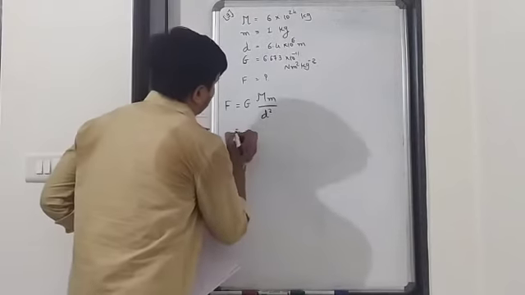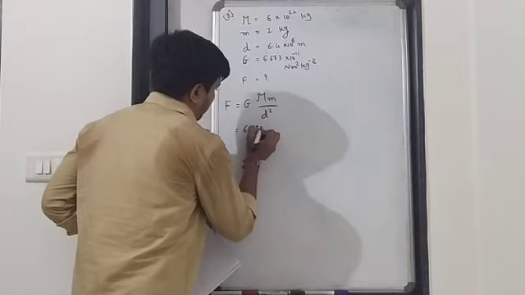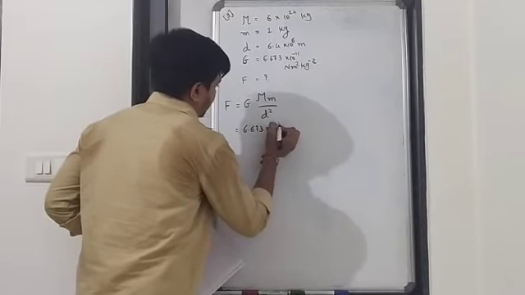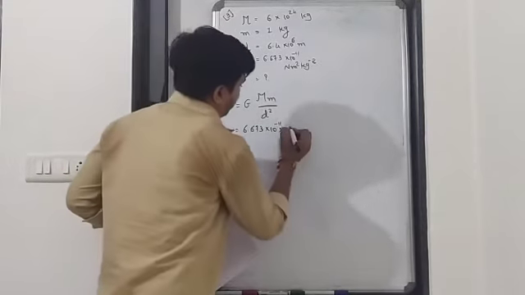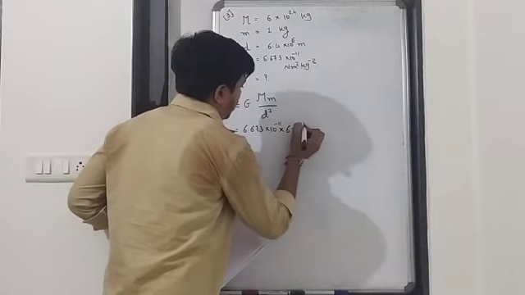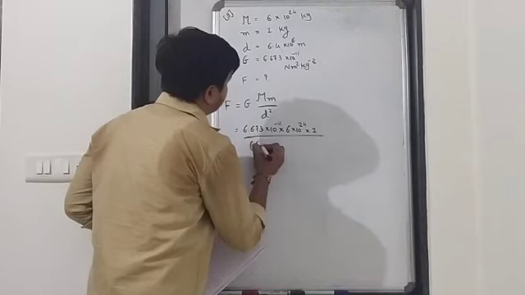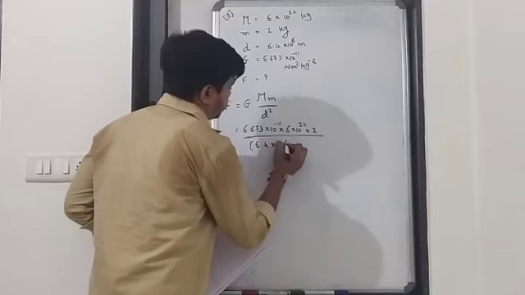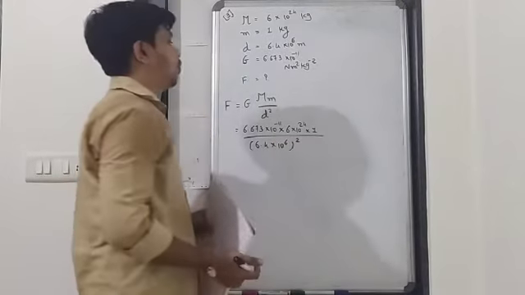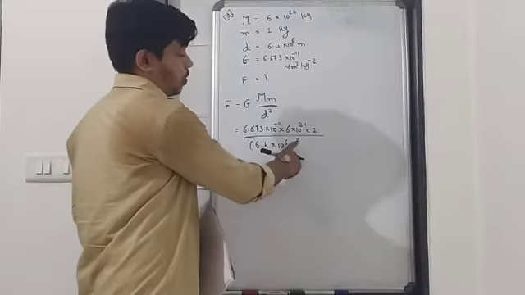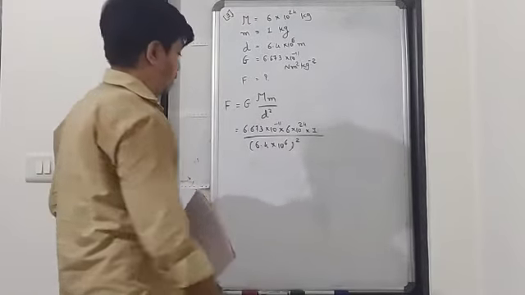Okay? So the G is 6.673 into 10 raised to minus 11. The capital M is 6 into 10 raised to 24 while the small m is 1. And the D is 6.4 into 10 raised to 6 whole square. Remember this square, okay? Generally we forget it, okay?